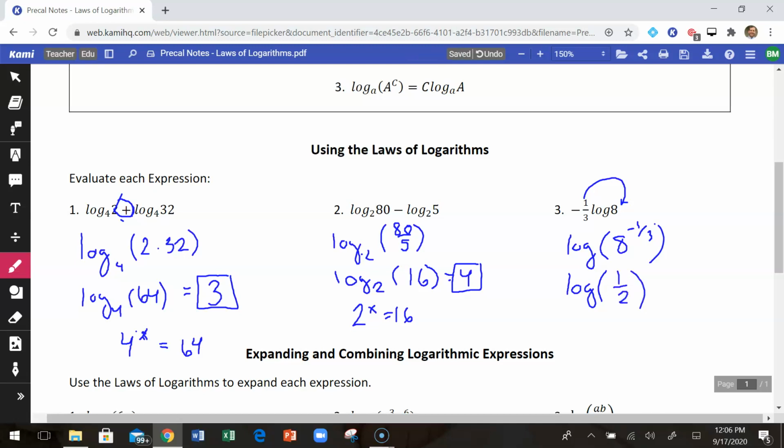The fraction means root, the negative means do the reciprocal, so we're going to get that 8 to the negative 1/3 power is 1/2, and then we're just doing log of 1/2. Again, this is 10 to some power is equal to 1/2. That's not going to be a good answer, so I would say at this point just use a calculator to get the decimal equivalent of that, or just leave it as log of 1/2.